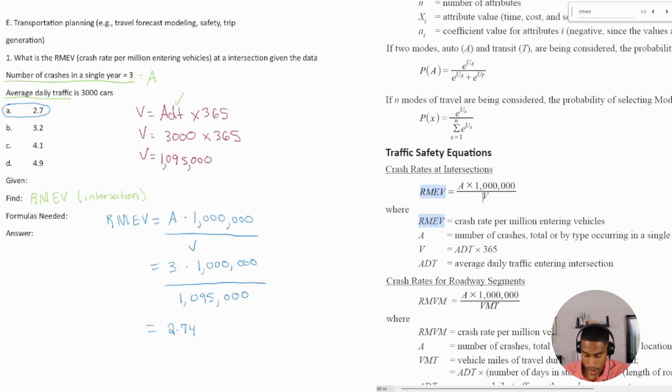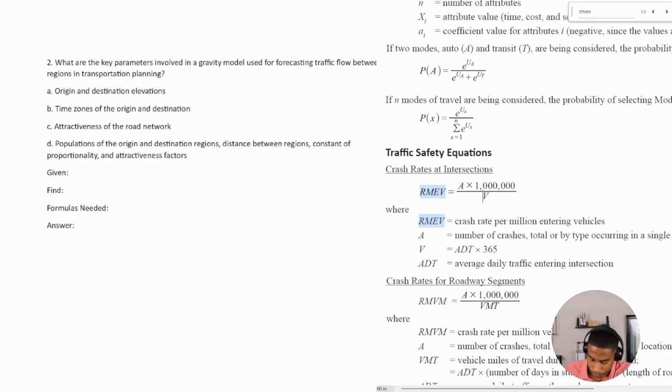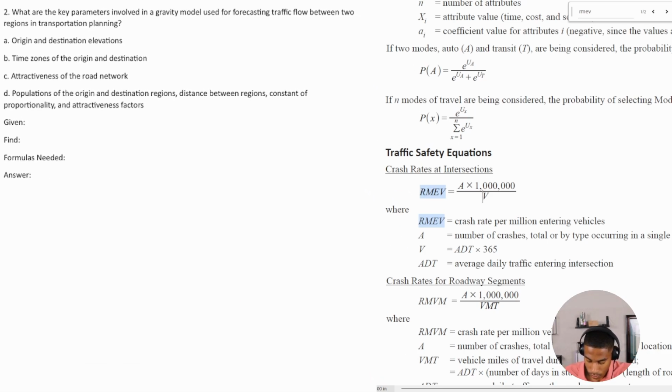All right, let's look at the next one. Number 2 says, what are the key parameters involved in a gravity model used for forecasting traffic flow between two regions in transportation engineering? What are the key parameters?